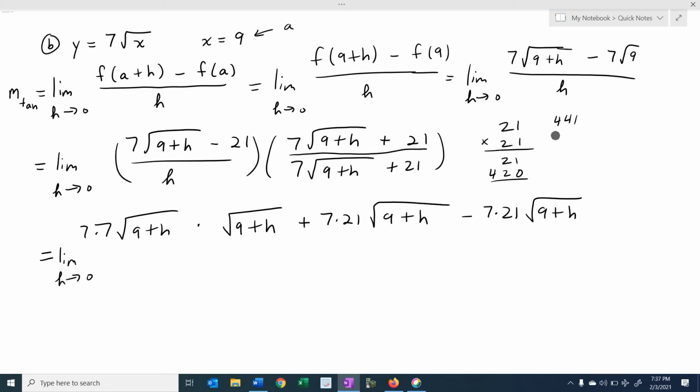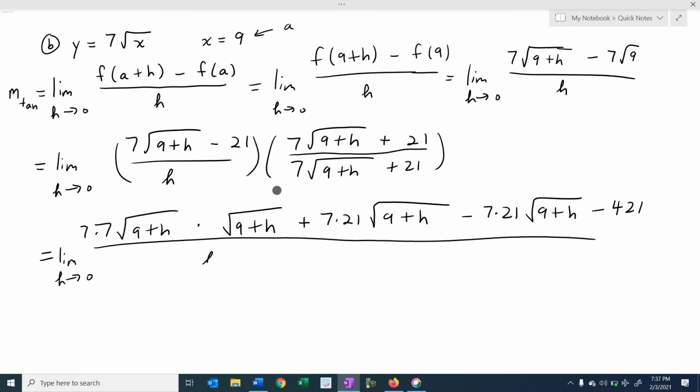Okay, so 21 times 21 is 441. And of course that's a minus here. You have a minus times a plus. All right, all of this is divided by h times this piece here.